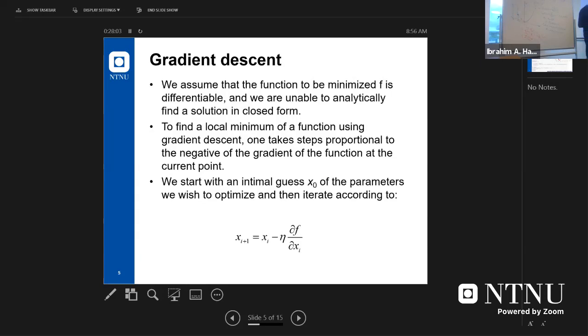Delta x now equals minus eta multiplied by the gradient, partial f by partial x_i, because we will do this for each weight, for each parameter. Maybe your function is a function of x1, x2 and x3. So we need to do it for partial f by partial x1, partial f by partial x2, and so on, because I need to change x1, x2, x3. We will do it one by one, right? This is how we do it in a neural network.